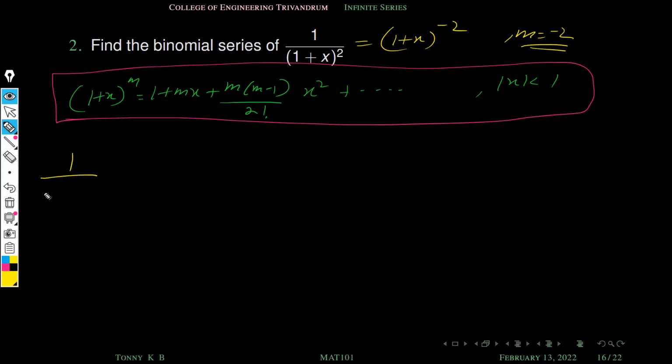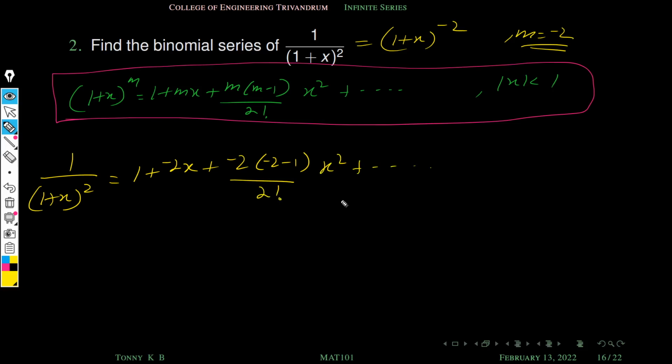So 1 by 1 plus x whole square equals, you can expand using this formula: 1 plus minus 2x, here m equal to -2, plus m, that is -2, into -2 minus 1, by 2 factorial, into x square, plus etc. And this is valid in the region mod x less than 1, right? Of course, here m is negative.